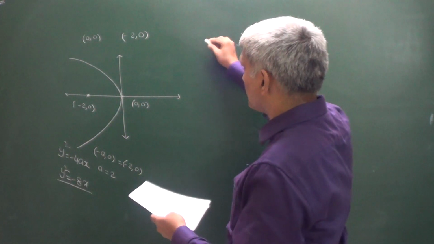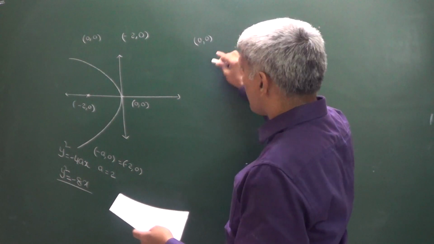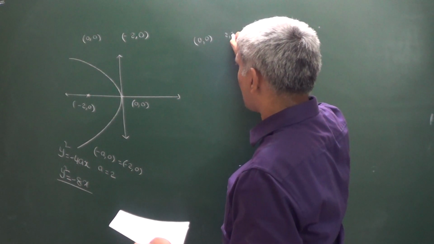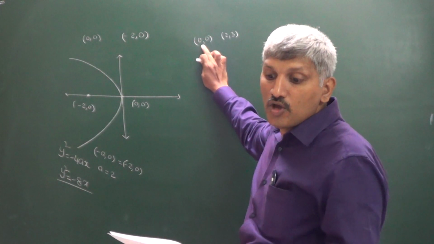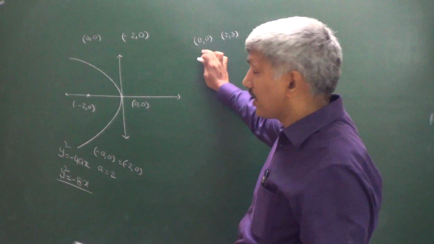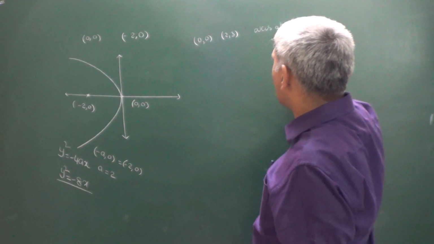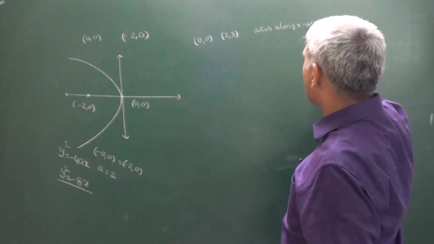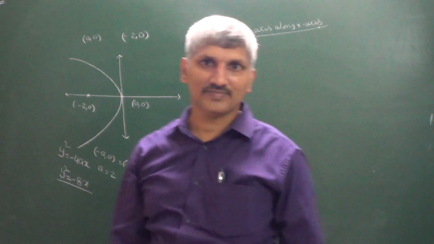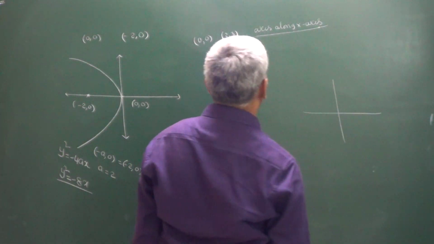Next, the information is given like this. The vertex is given as (0, 0), passing through the point (2, 3), with the axis along the x-axis. We have to find the equation of the parabola. See, there are two possibilities, right?